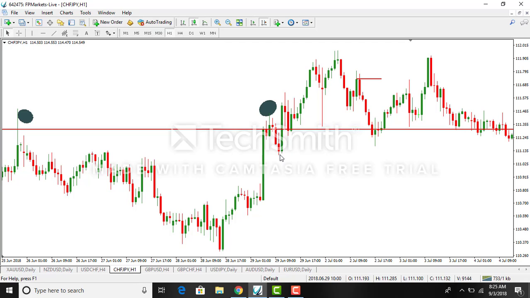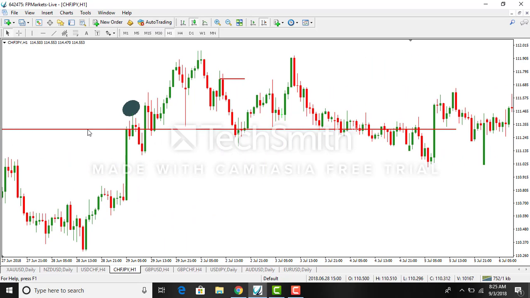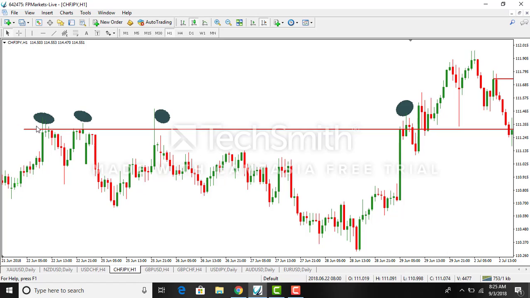Then right after, there was a bullish engulfing candle which turned this resistance into support by engulfing all these candles right here.